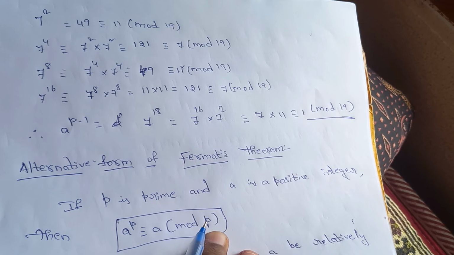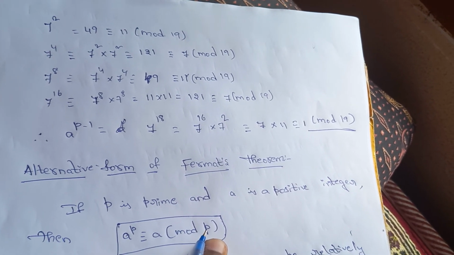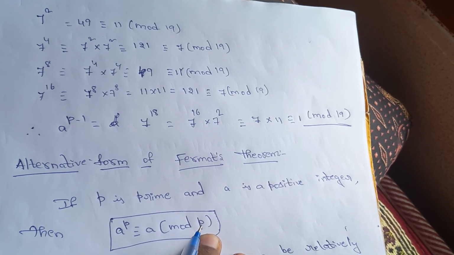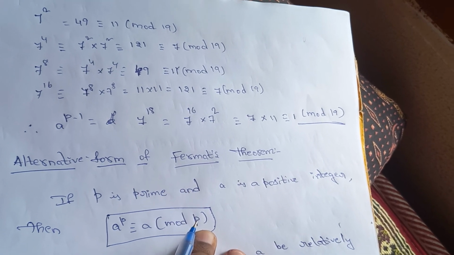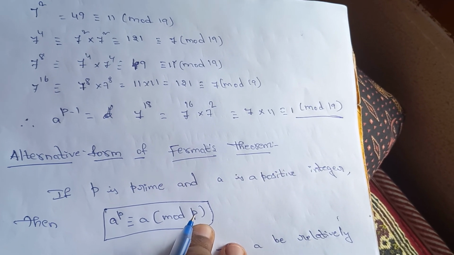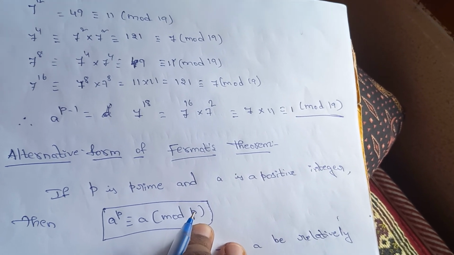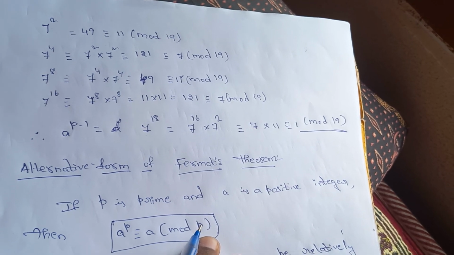Next, 7 power 4, that is we are considering 7 square into 7 square. Why 7 square into 7 square? That means 7 power 2 plus 2, so that is 7 power 4. What is the previous value? 7 square value, we got 11 mod 19.